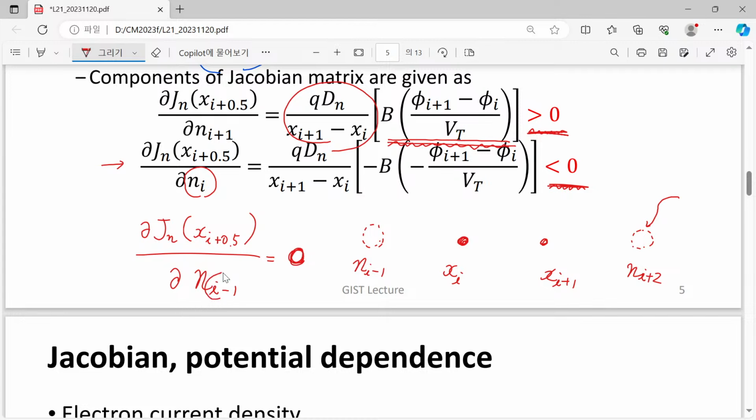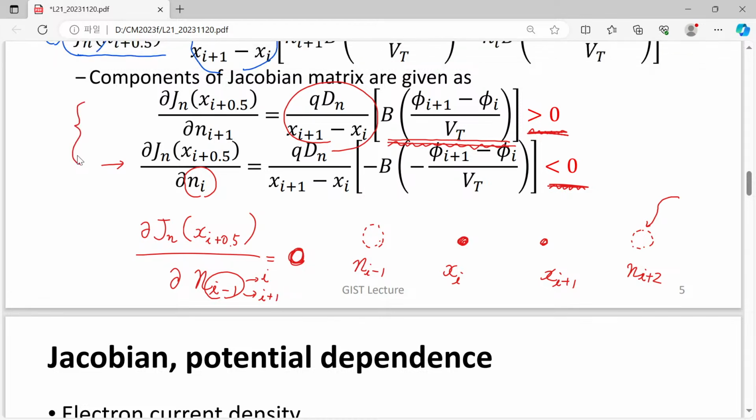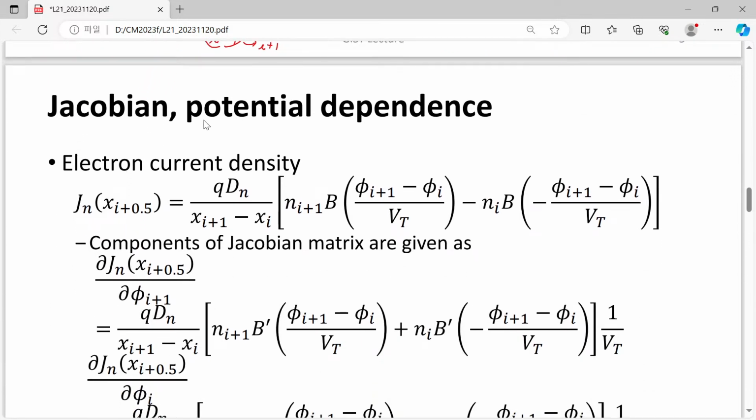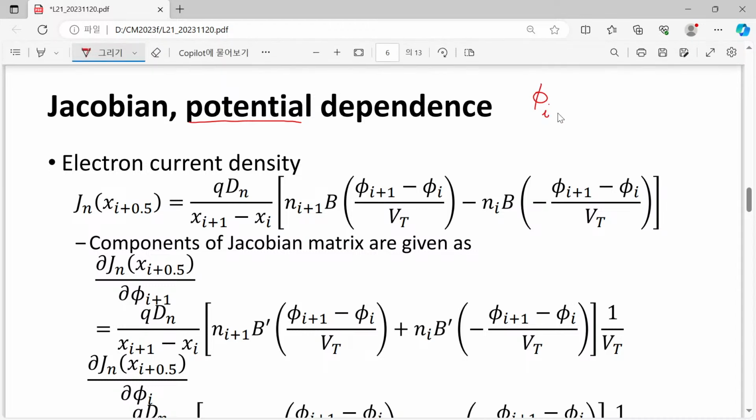Otherwise, if this subscript is equal to I or I plus 1, then we have non-zero values. For all other cases, they are vanishing. Okay. Then how about the potential difference? Following a similar law, we can say that it will only depend on phi sub I plus 1 and phi sub I minus 1.